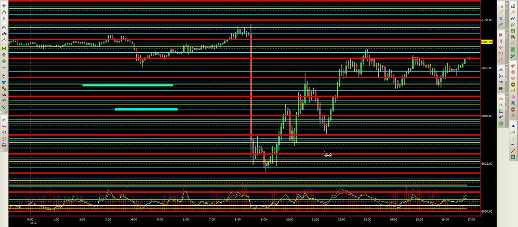We're looking at ES futures chart, SPX, S&P. This is the ES future component of this S&P 500, and at the bottom we have the energy rotational oscillator.